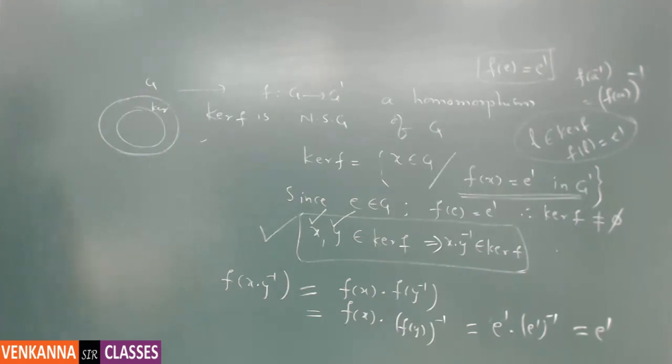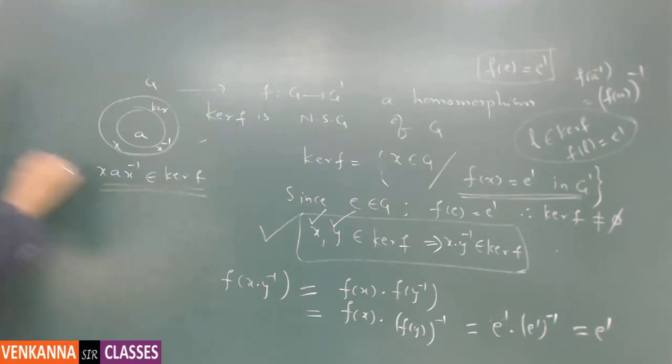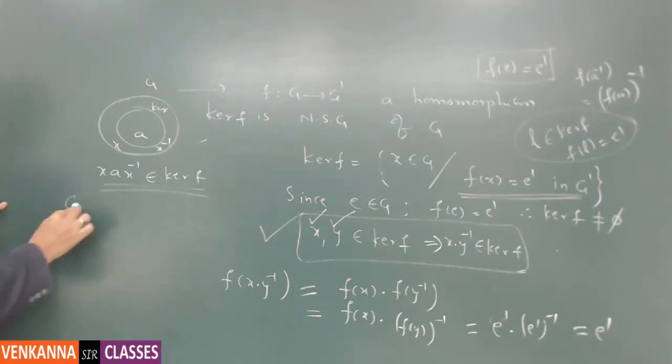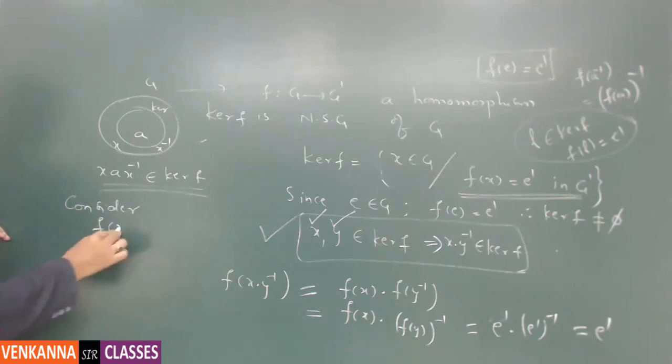What I have to show is, if I take any element a in the kernel and x in the group, then x a x inverse belongs to the kernel. If I have shown this, it becomes a normal subgroup. So for this, you consider f of x a x inverse.